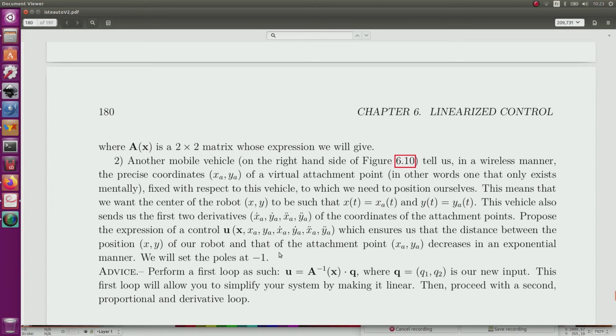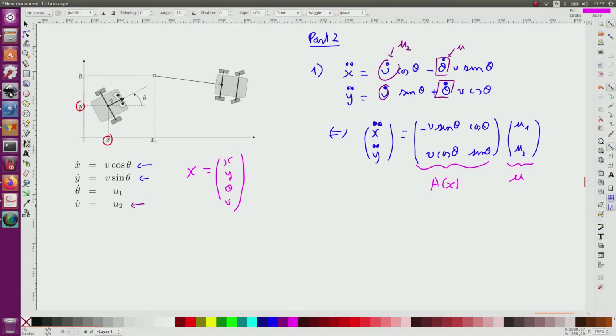So the idea for this is first to find a controller to perform a loop which gives me this form, where Q is a new input. And with this Q, we'll see that I have a double integrator, and I will be able to use a controller that I have obtained in the first question.